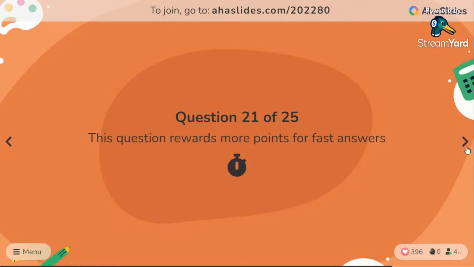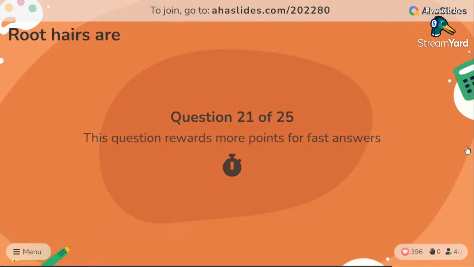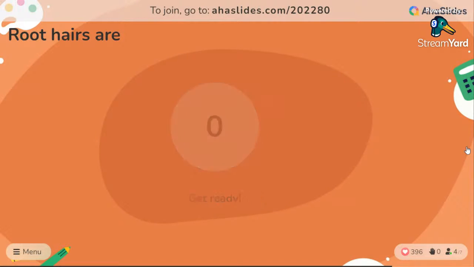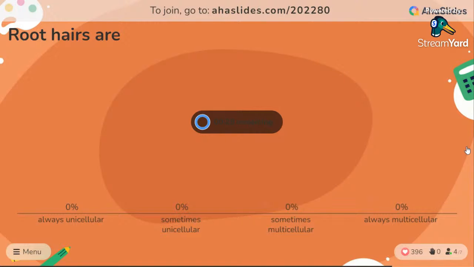Question number 21 on 25. Root hairs are always unicellular, sometimes unicellular, sometimes multicellular, always multicellular. I'm asking about the root hairs.